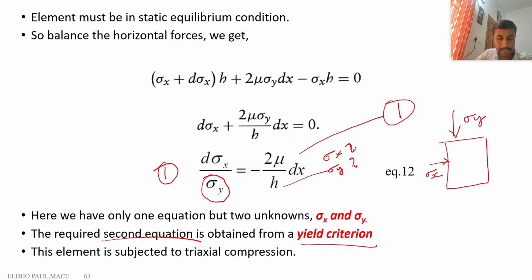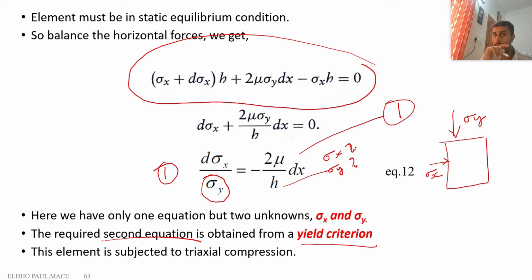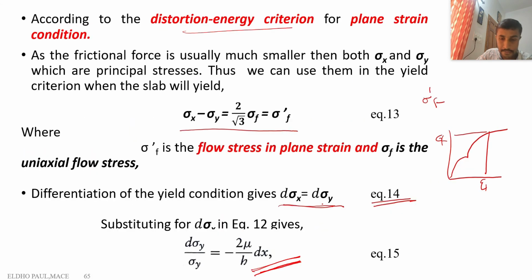Actually, the derivation is simple. This is the core of the derivation, the balancing of horizontal forces. If we know this value, then we can create this one. Actually, the derivation may not be asked in the final exam, but try to understand this. This is the initial first step. Then we apply the yield criteria here.